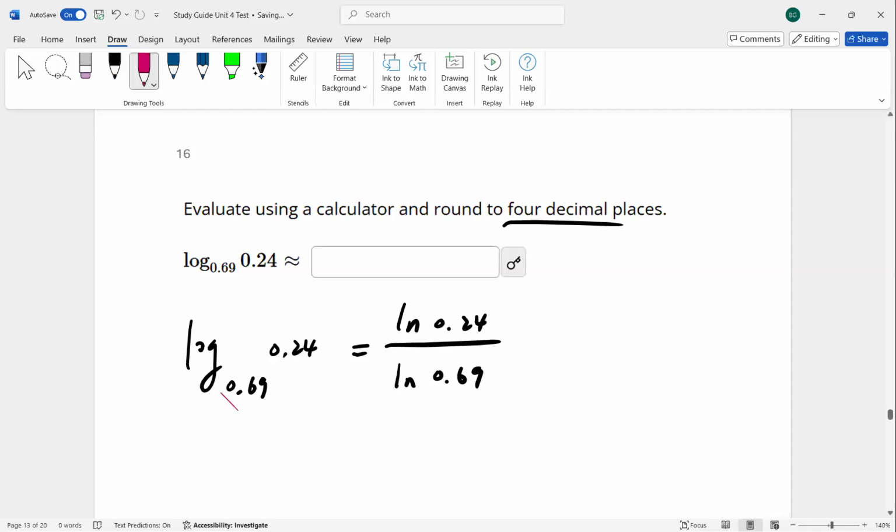So the base of the original log becomes the argument of the bottom, and the argument of the original log becomes the argument of the numerator. Just like that: ln 0.24 over ln 0.69.